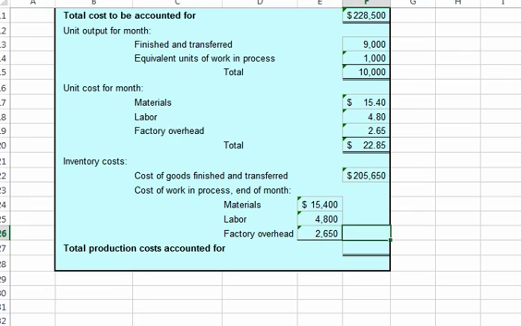All right, and we will sum those costs here.